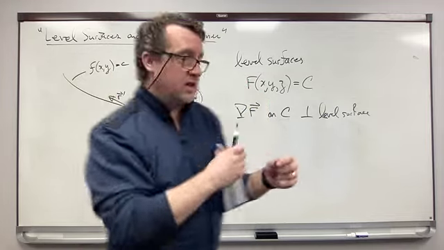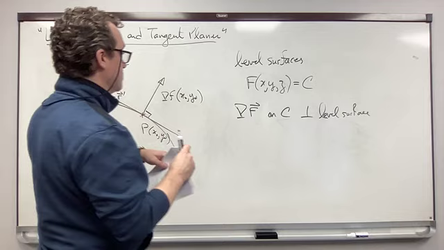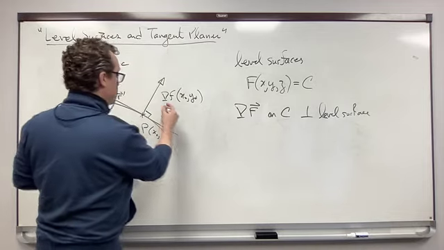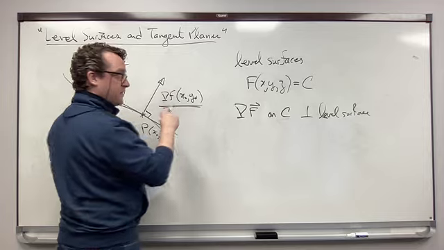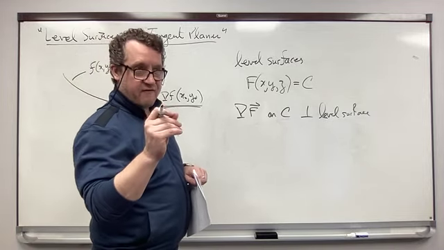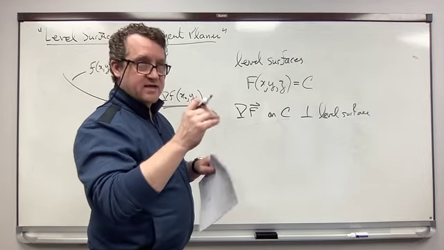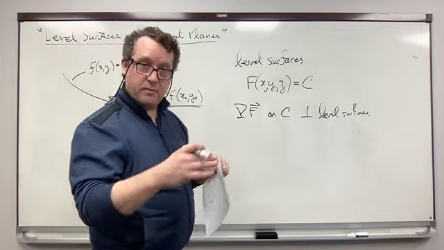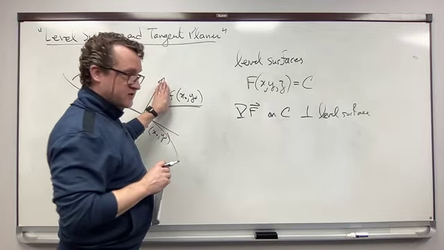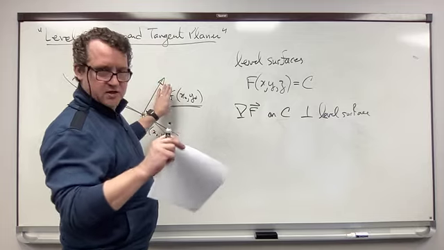One little notational thing that I mention in the notes: when we write the gradient of f at x naught, y naught, this is not the gradient of f at that point. It's the gradient of f evaluated at that point, because f at a point by itself is a constant, so a gradient of that is just zero. It doesn't mean anything.